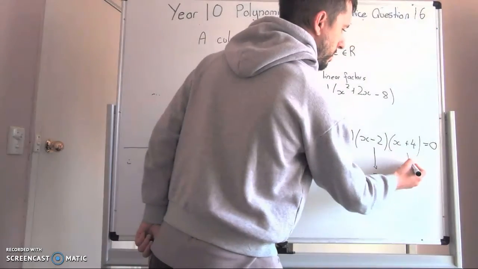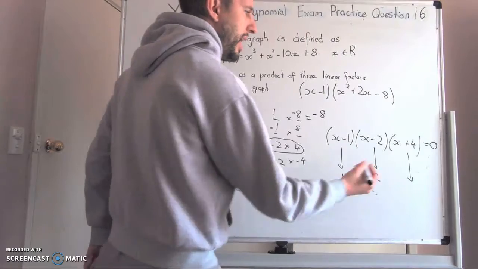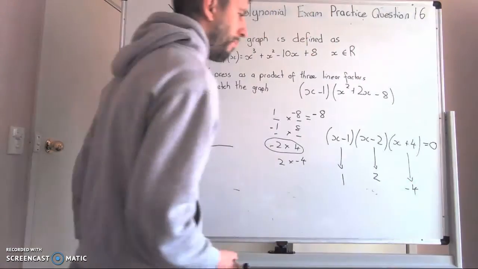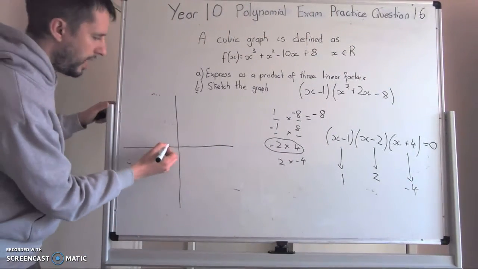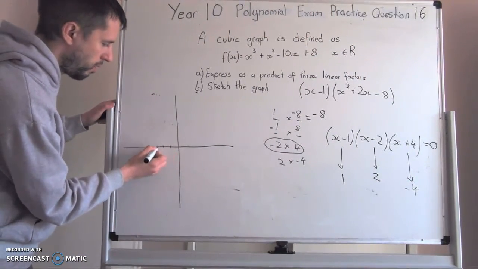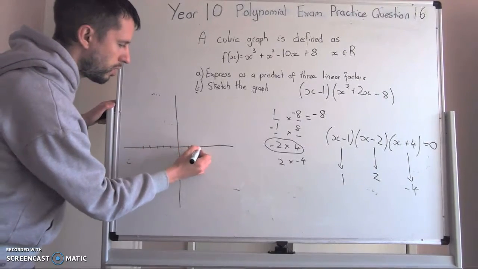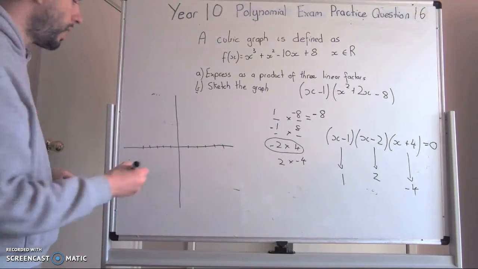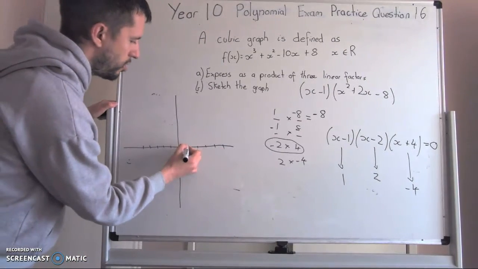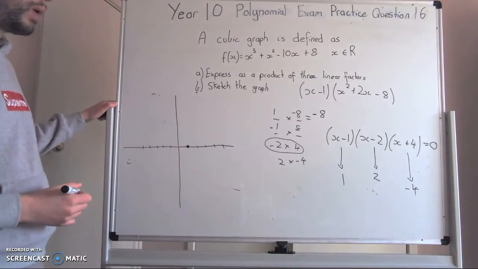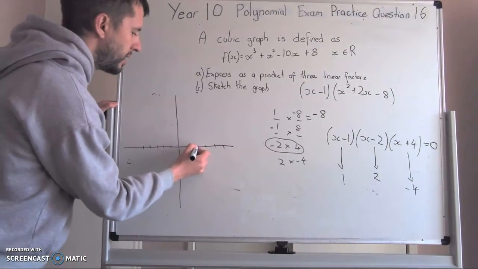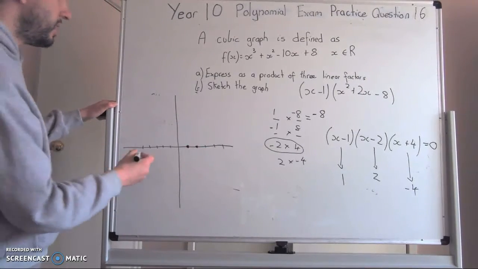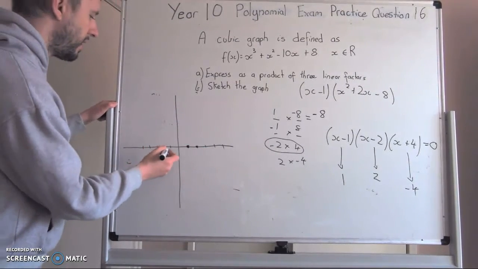And to get this to be 0, I need x to be negative 4. So straight away, I've got 3 points. Not completely accurate, because I'm just doing it on the whiteboard. So that shows me I've got an intercept at x is 1, an intercept at x is 2, and an intercept at x is negative 4.